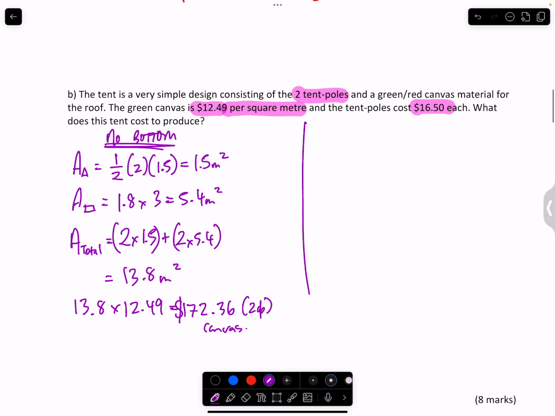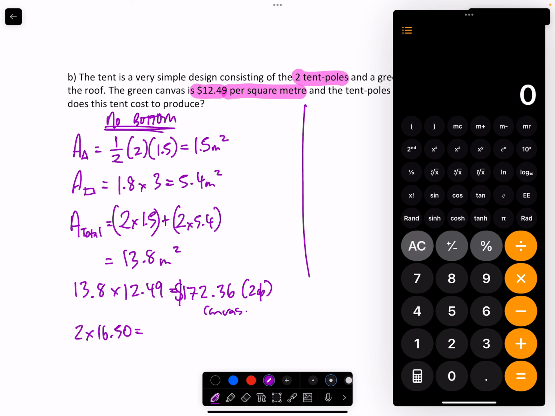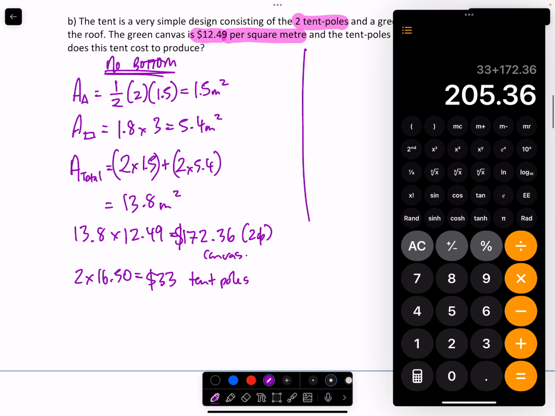And 2 tent poles, 2 times $16.50, is $33. 33 plus $172.36 is $205.36, assuming no bottom.